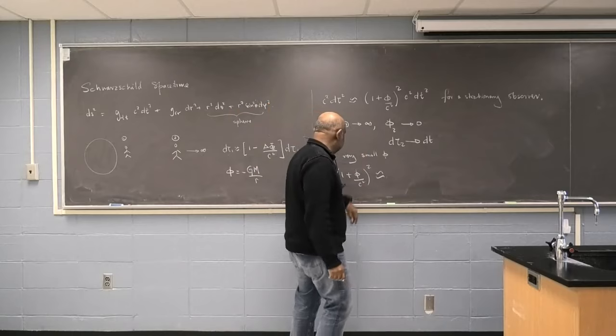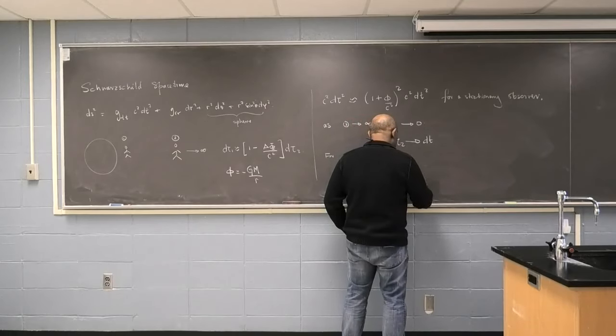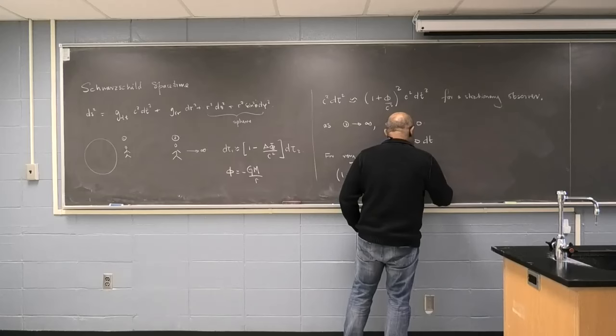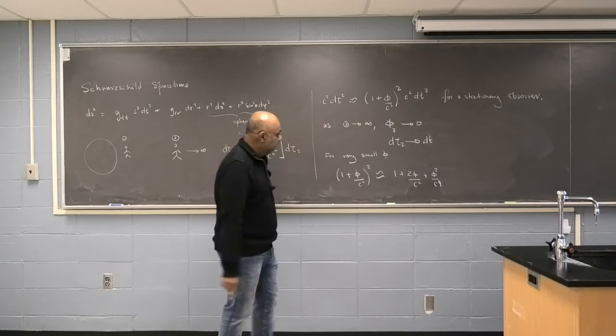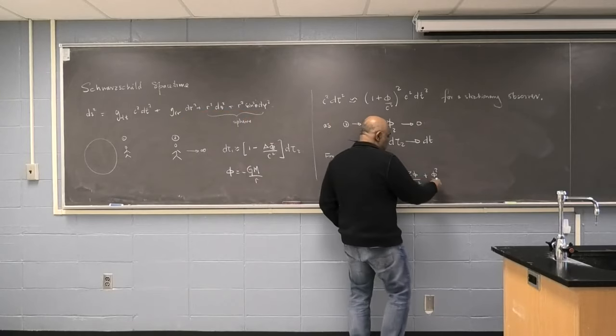Actually, in this case, it's easy to do. Let's just do this: 1 plus 2 phi over c squared plus phi squared over c to the 4th. Which is the term that can be ignored? The second order can be ignored.